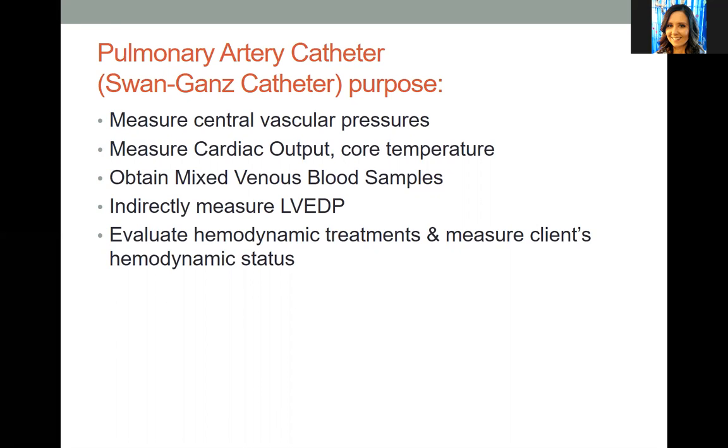We can evaluate hemodynamic treatments and statuses and measure the client's status. Usually pulmonary artery catheters are seen in critical care units, maybe cath labs. They may be inserted in the ED, but most of the time they're inserted in a cath lab or in a critical care unit. But it's an invasive line that goes through the right side of the heart and terminates in that pulmonary artery.